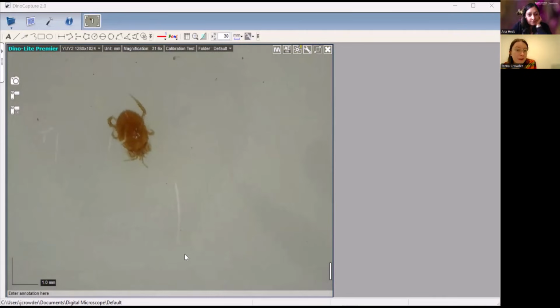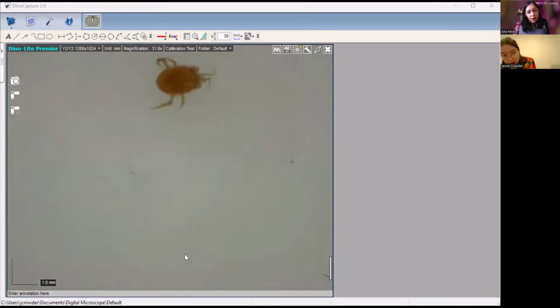So bringing this into focus, we can see that the size is about the same. It's slightly longer than it is broad, but I am not seeing that distinct anal plate that is characteristic of Tropilaelaps mite. So this could be one that could be sent off for official identification, because it's always good to know what it is.